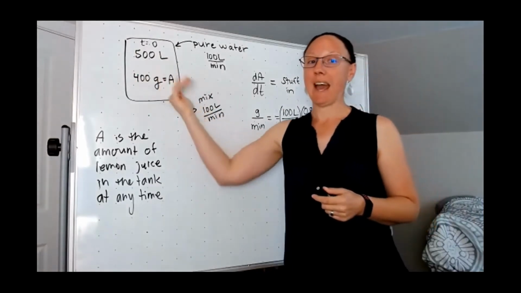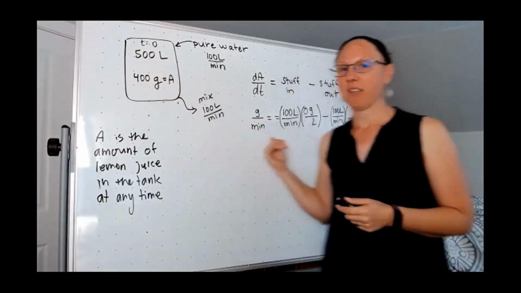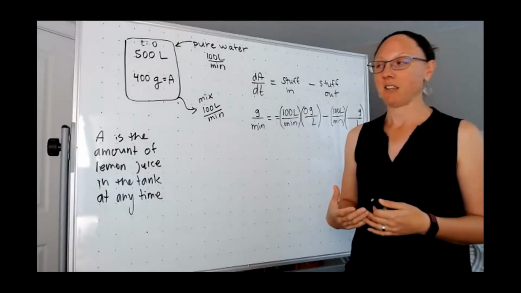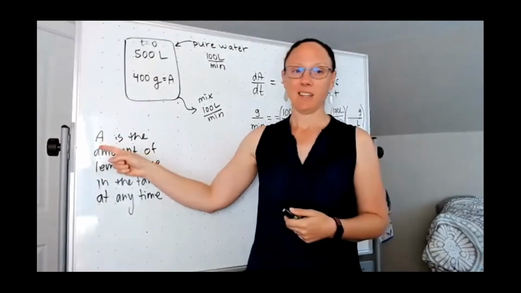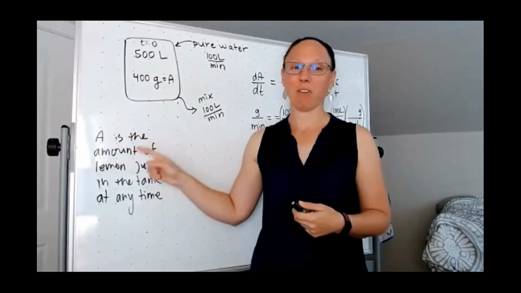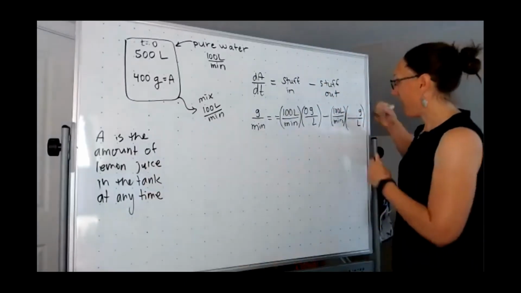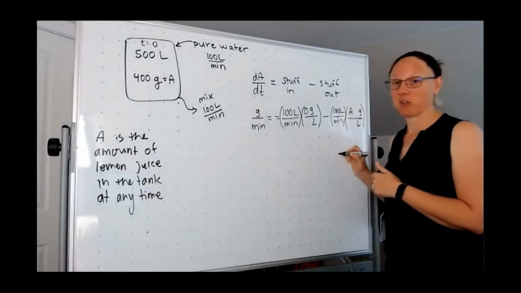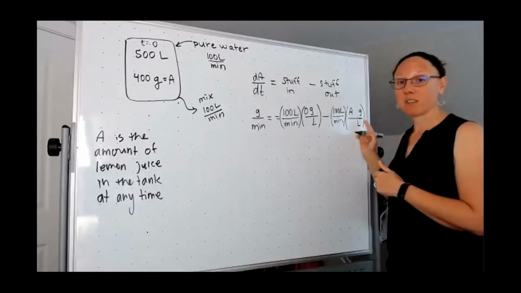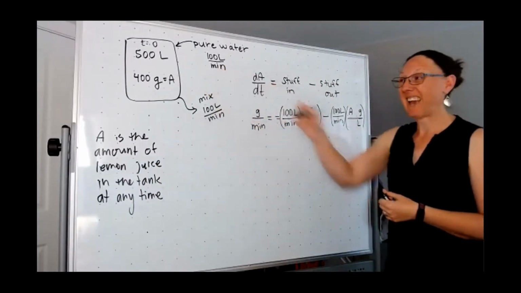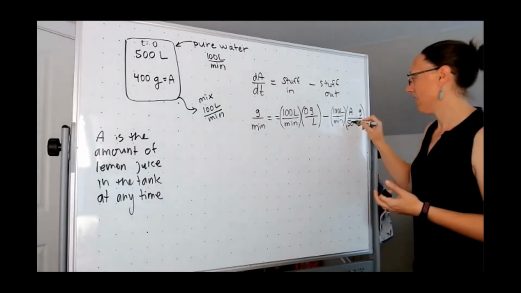And if it's flowing out of the tank, then the number of grams of lemon juice that are in the tank is A, because A represents the amount of lemon juice in the tank. So I have A grams of lemon juice. Now in terms of liters, again, it's flowing out of the tank, and my tank has 500 liters in it.